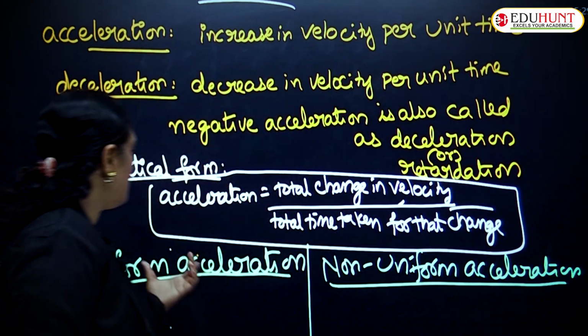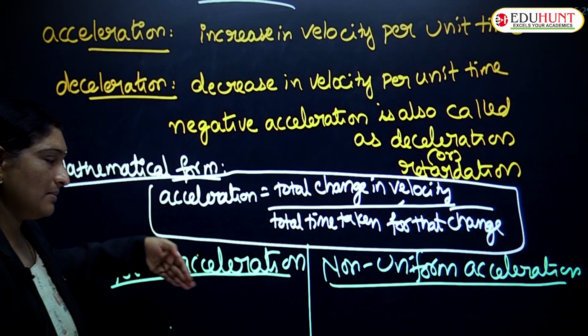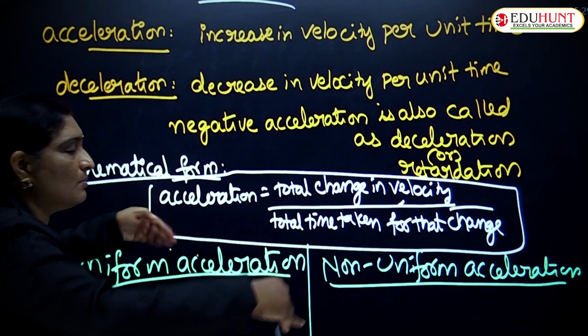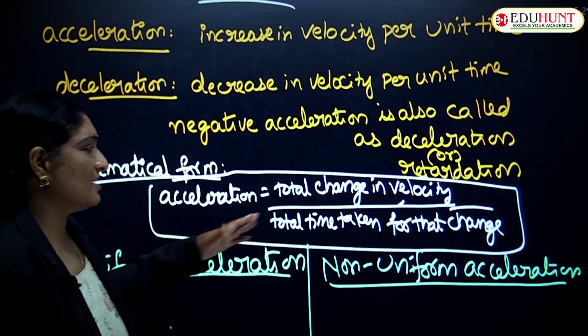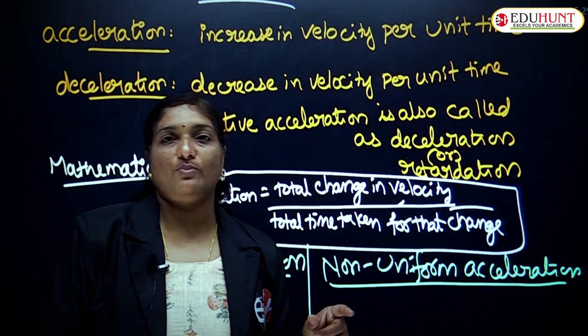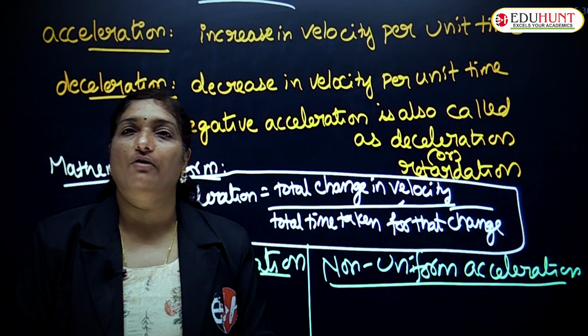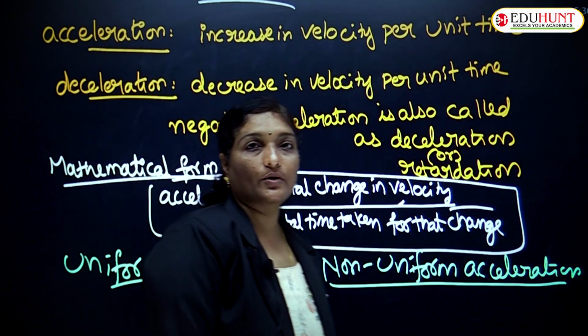So whenever the change in velocity per unit time is constant throughout the motion, it is said to be uniform acceleration. Whereas if the acceleration of a body changes, then it is said to be non-uniform acceleration. So hope you understood, children.